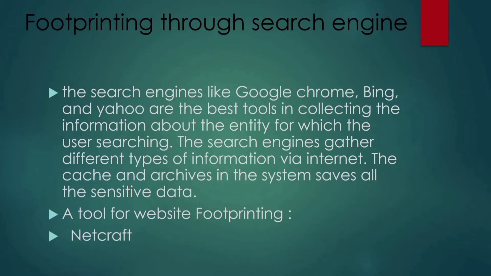This is where the attacker gets information about the history or pattern of the browsing data. This will help the attacker to hack the user's personal information and social data. A tool for website footprinting is Netcraft.